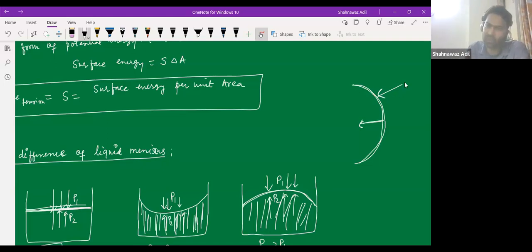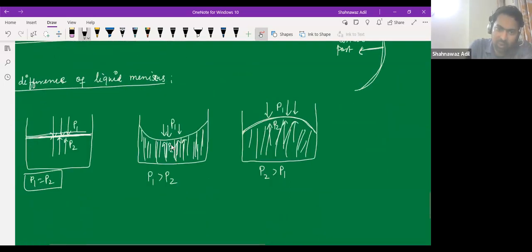So this one is called the convex part, right? And this one is called the concave part. In both the examples, this one is the concave part.